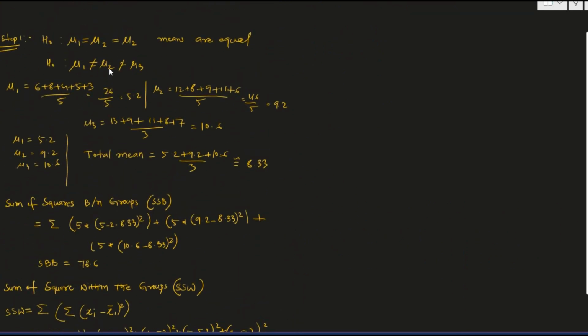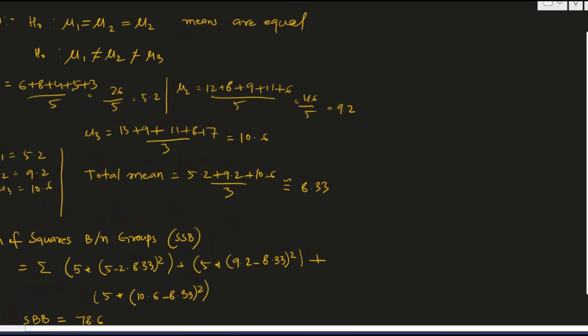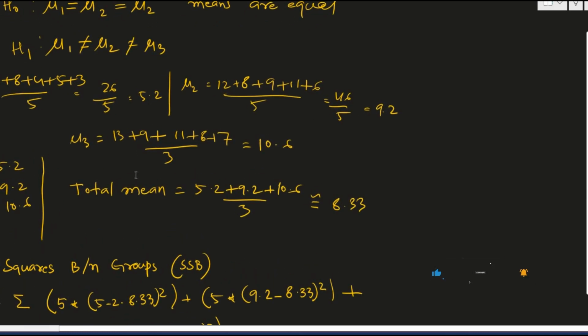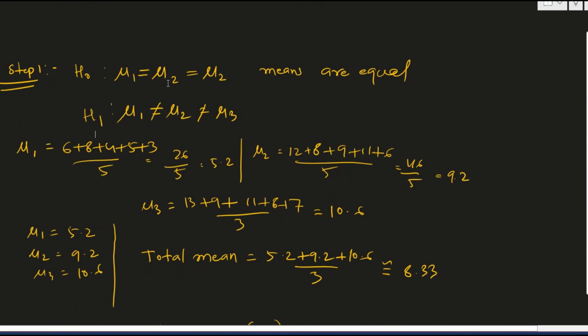So from here, in step one, we are considering for the null hypothesis that the mean values are equal for all the attributes one, two, and three, and for the alternative hypothesis, they are not equal.